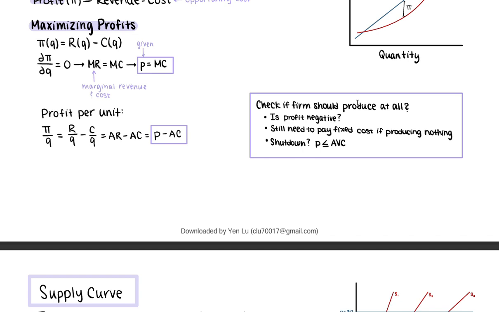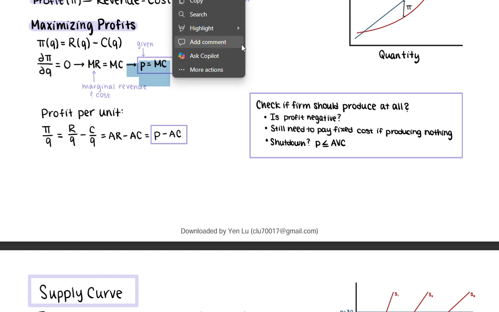Okay, so profit per unit. Marginal cost equals price in a perfectly competitive market. The profit per unit is your profit derived by Q, that is, revenue and cost each divided by Q. So the average revenue minus the average cost equals the price minus average cost, because the price equals average revenue.